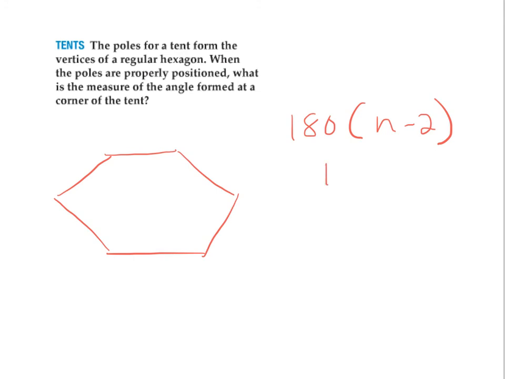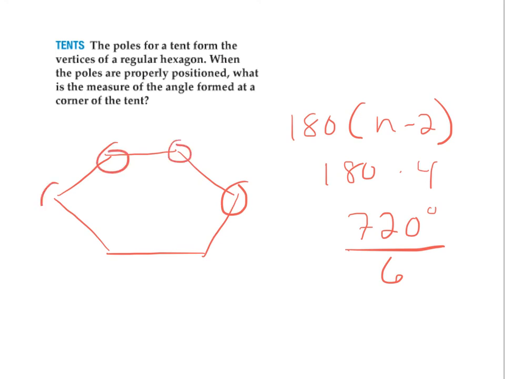So I have 180 times 6 minus 2, which is 4, or 720 degrees. I'm now going to take that number and divide by 6, because I'm going to have 6 angles if I have 6 sides. So 720 divided by 6 is 120 degrees. There's 120 degrees in each of those corner angles.